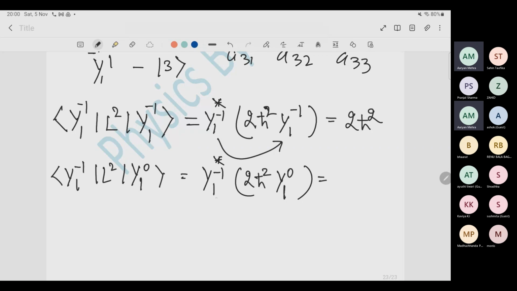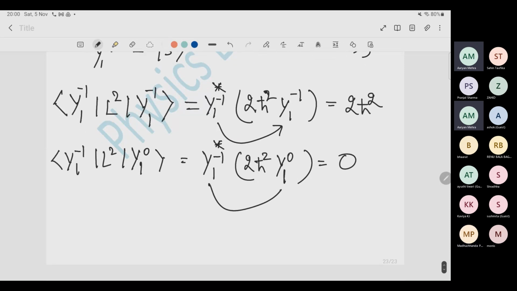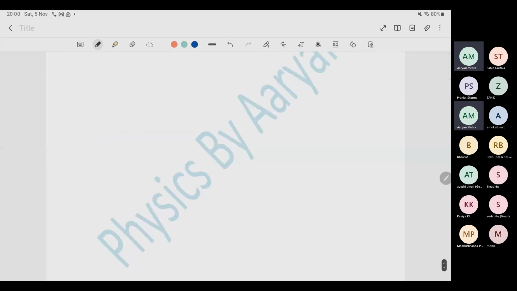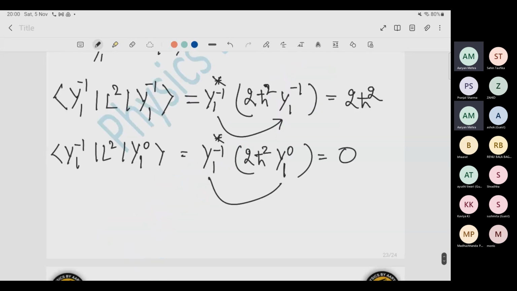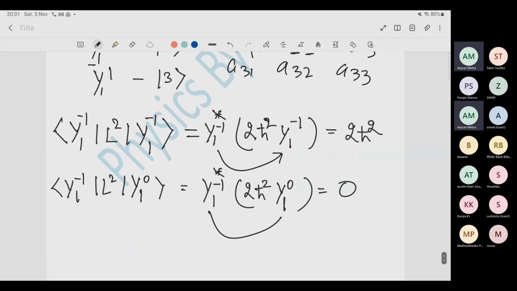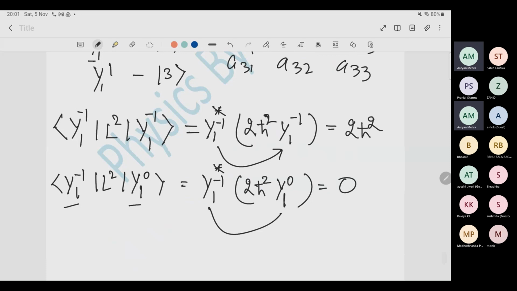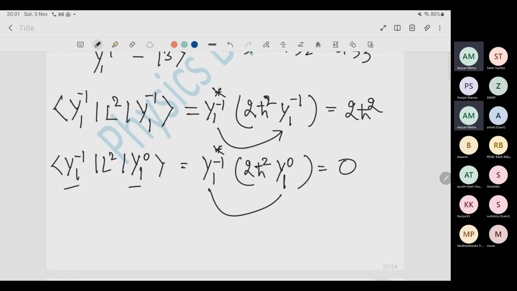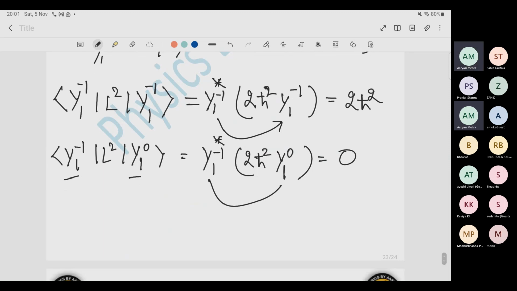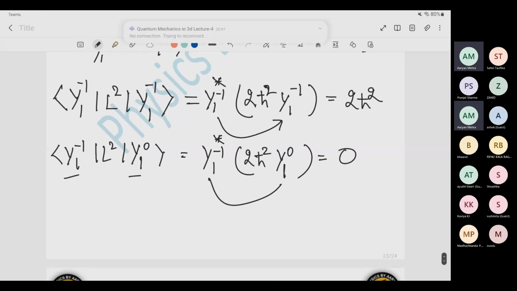But now you see these two are of different states, |1,-1> and |1,0>. So the answer will be 0 because both are orthonormal states, orthogonal to each other. What core idea do we get from that? If this state and this state are not the same, then I get answer 0. And if they are the same, then I get 2 h cut square.